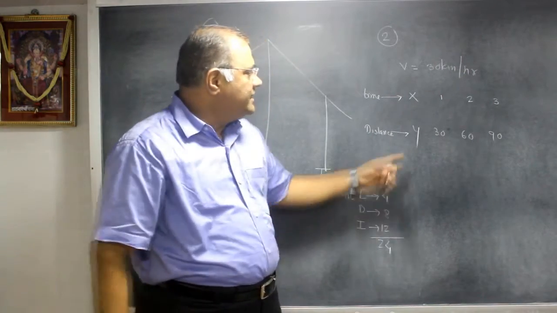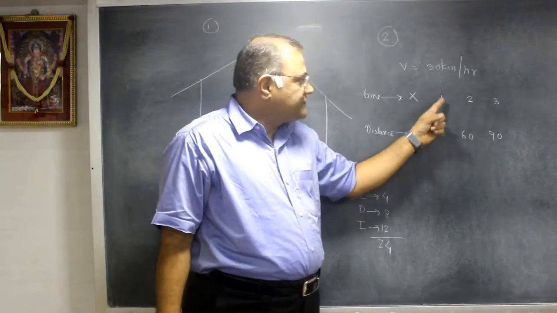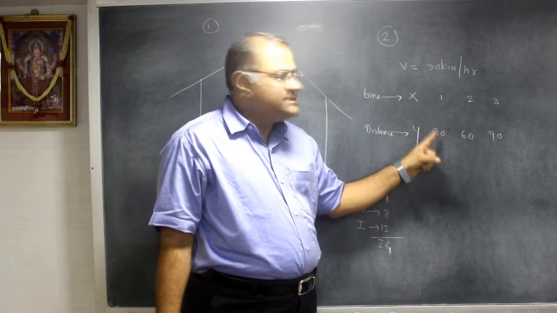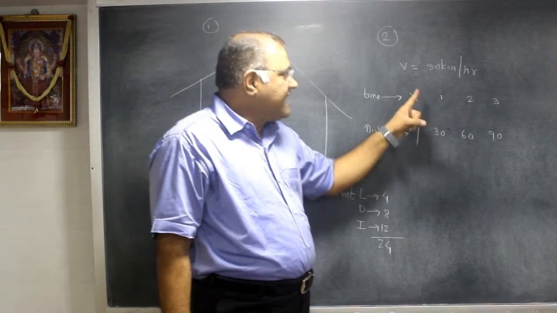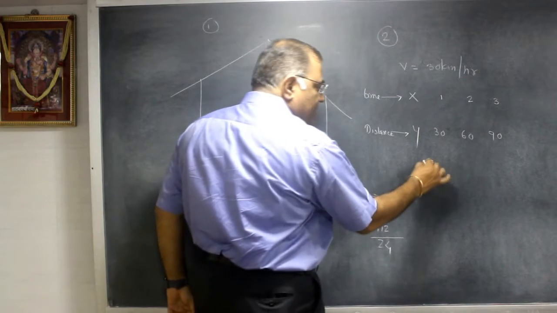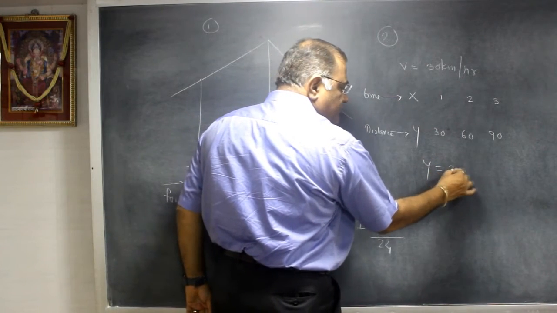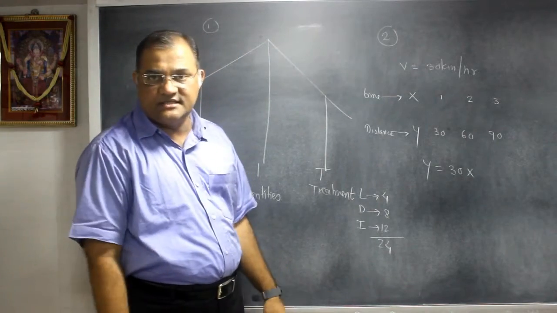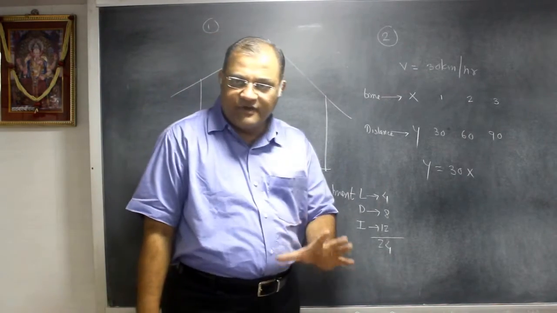So I told you the value of time and you told me the distance. So distance is the dependent variable, time is the independent variable, which can be written in the form of the equation as y is equal to 30x. So you understood what is function?